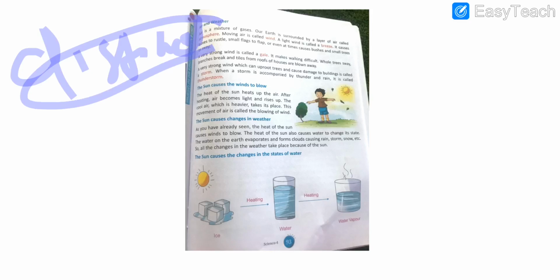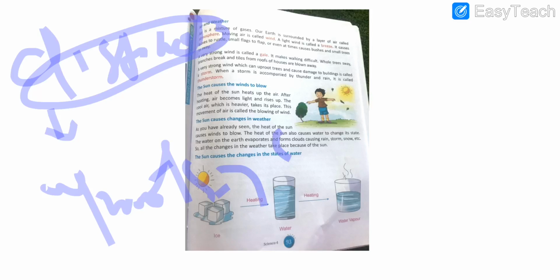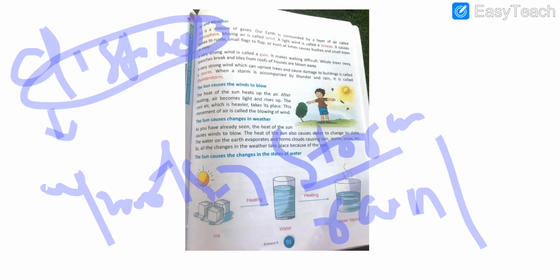Once again, students, a very strong wind which causes a lot of destruction, damages the buildings and uproots the trees, that strong wind is called a storm. And if this storm is accompanied by rain, it is called a thunderstorm.